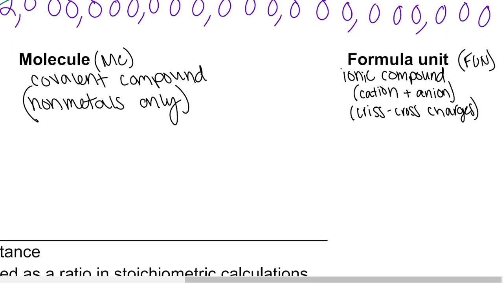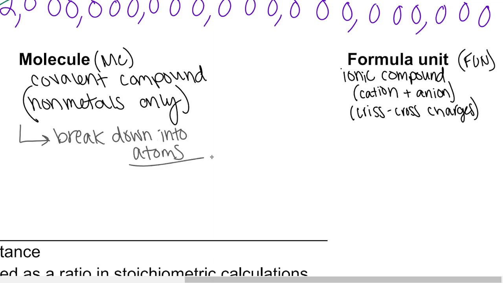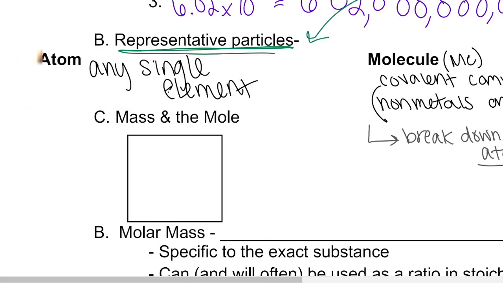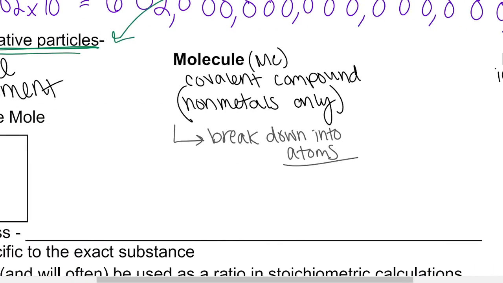And then this will come up a little bit later, but I want to include it in the notes now: a molecule will break down into atoms, meaning this breaks down into single elements without a charge.